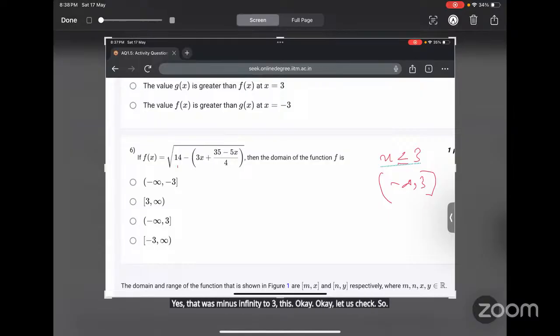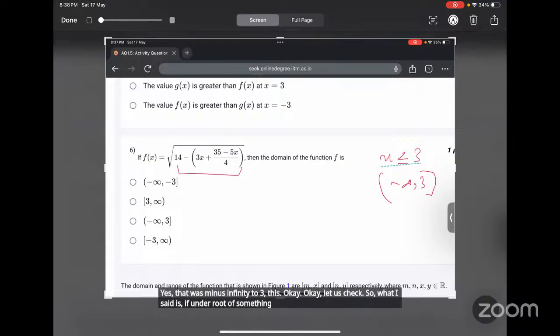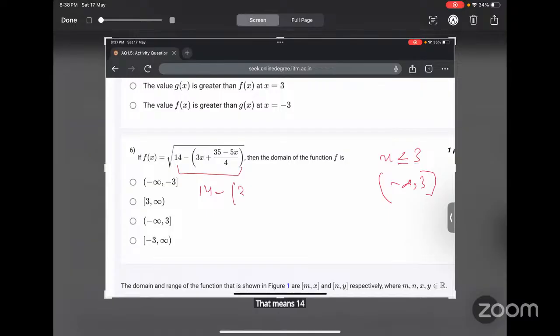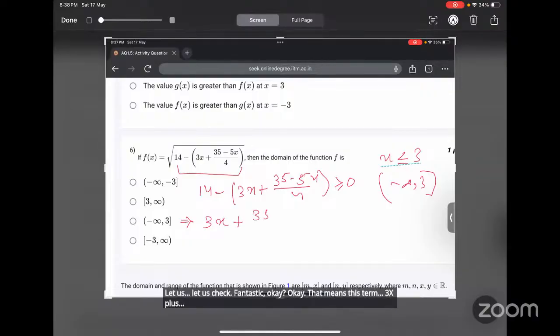Okay, let us check. What I said is, the square root of something cannot be negative, that means 14 minus 3x plus (35 minus 5x) by 4 should be greater than or equal to 0, right? I think it should be an open bracket at 3, madam. I'm not sure if it can be. Let us check. That means 3x plus (35 minus 5x) by 4 should be less than or equal to 14, right?